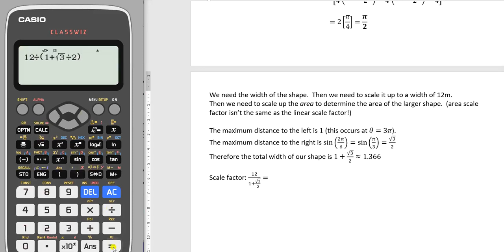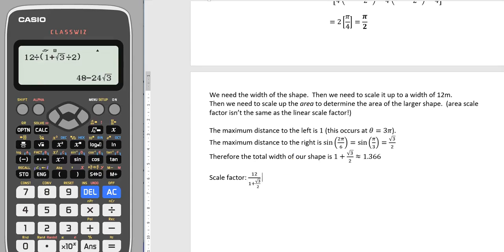That should deal with my brackets sensibly, and get a nice precise value if you want. Actually, we don't necessarily care about that, so I'm going to leave it in that current form, 12 over 1 plus root 3 over 2. But you can see why 48 minus 24 root 3 would come out from that. You just need to do a bit of simplifying and rationalizing the denominator or the calculator.